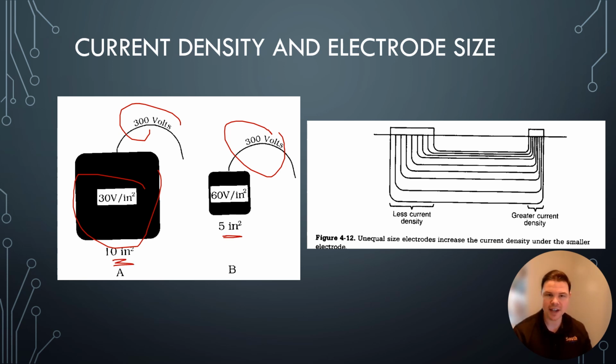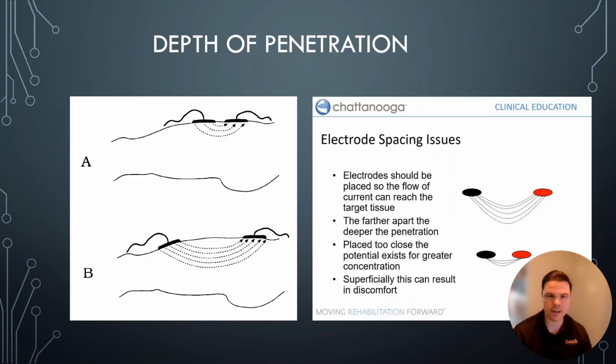The electricity is the same, but it's being dispersed over a greater surface area here, so the current density is going to be less. You can see this in this picture where the current density is a bit more spread out, versus the same amount of energy being pushed through the skin where current density is much, much greater through a smaller pad. So understand how that works in the body and in the practical application of the e-stim.